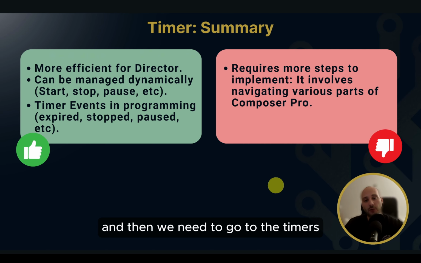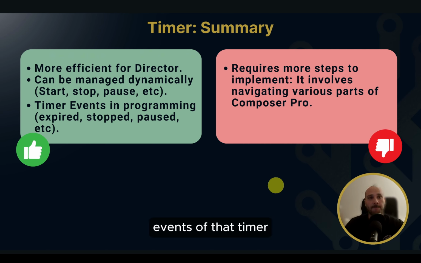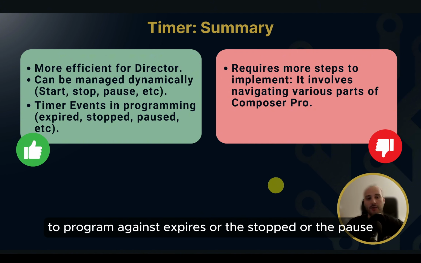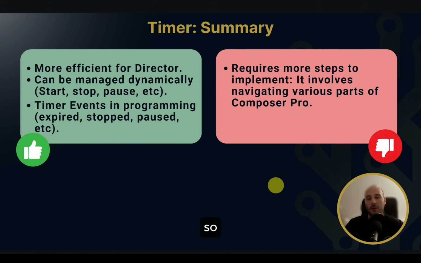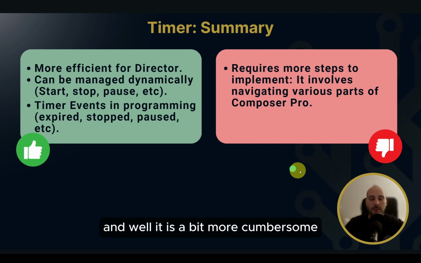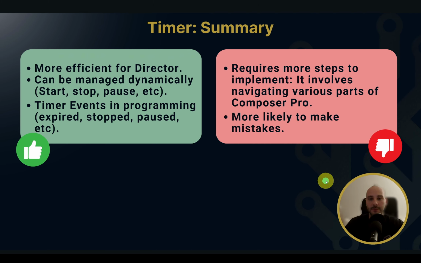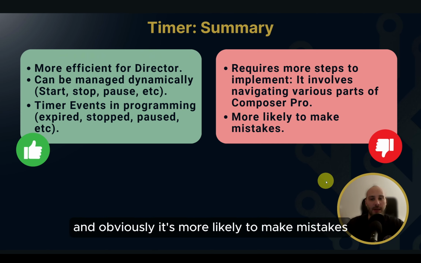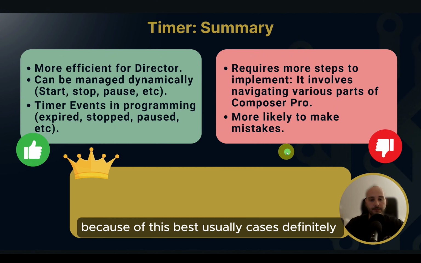And then we need to go to the timer events of that timer to program against expires, stopped or paused. So there are way more steps that we need to do, and it's a little bit more cumbersome. And obviously, because of this, it's more likely to make mistakes.